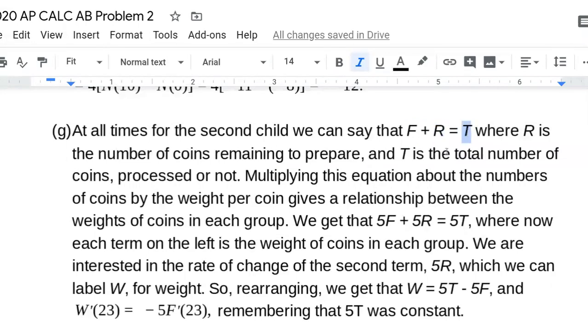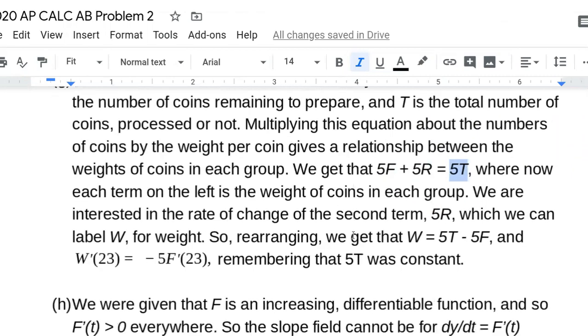This is just coins here, though. We want to multiply this by the weight. So these numbers of coins by the weight per coin will give us a relationship between the weights. I just multiply by 5, and now this would be the weight of the finished coins plus the weight of the remaining coins would give us the weight of the coins in total. We're interested in the second term here, this 5r.